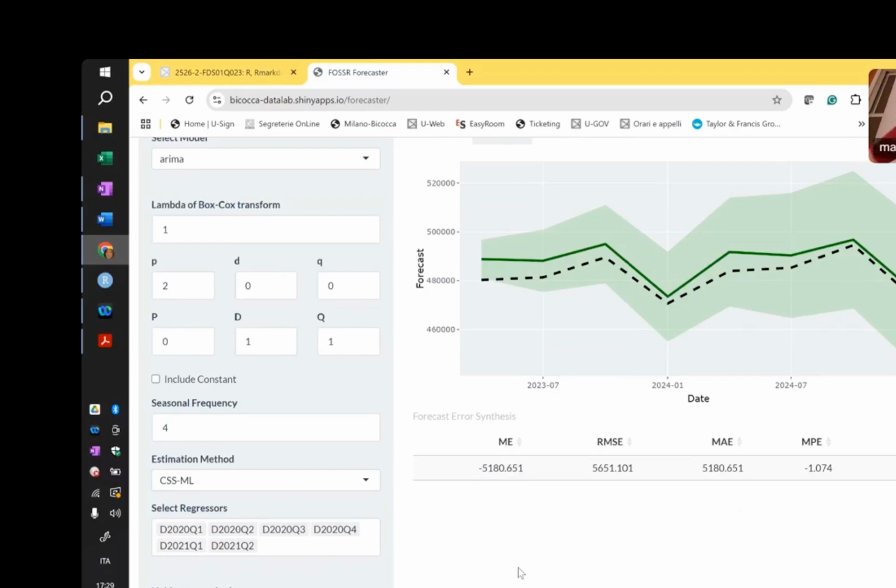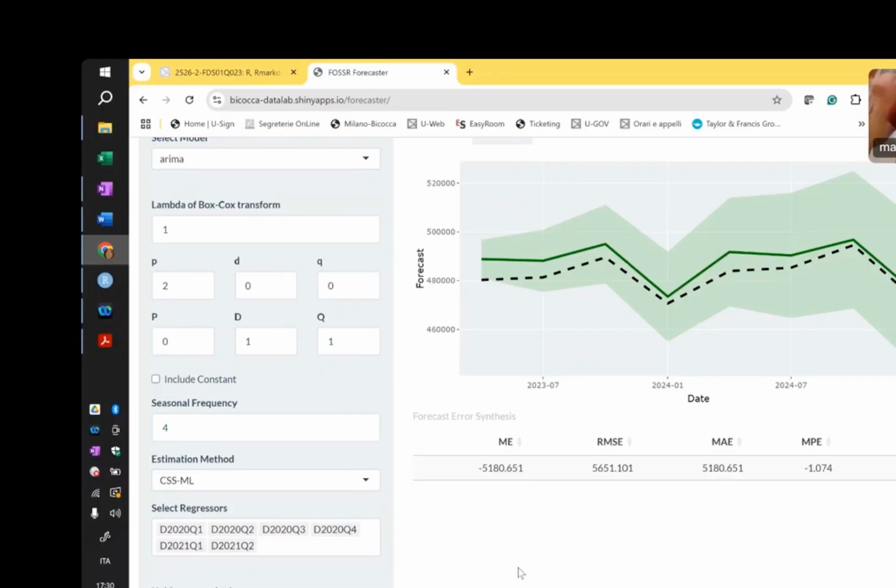And another suggestion, a model for when you're panicking. You say, okay, I really cannot find any model for this time series. If it's a seasonal time series, a panic model is the so-called airline model, which is the model that Box-Jenkins found on the air passengers time series in their book. It's (0,1,1)(0,1,1), without constants.